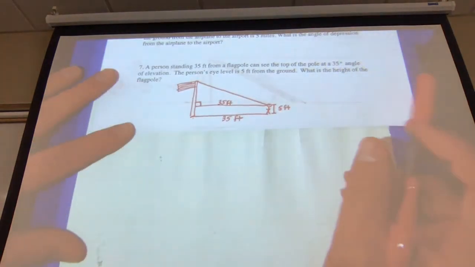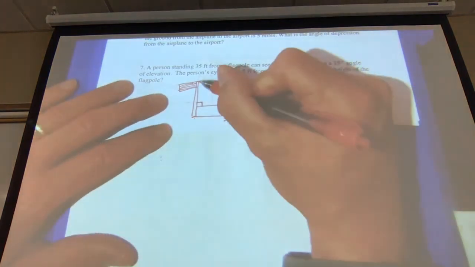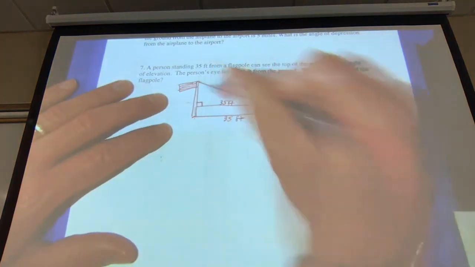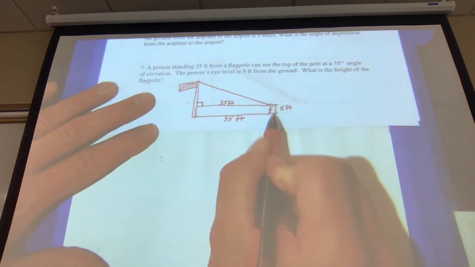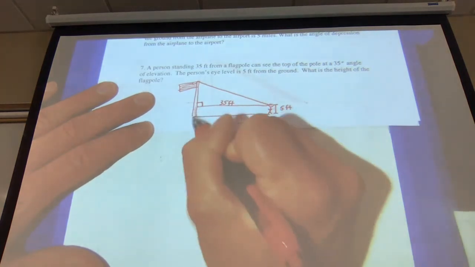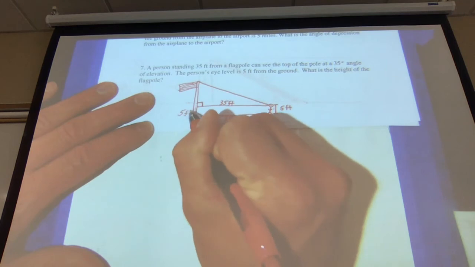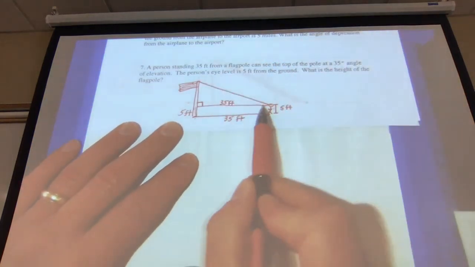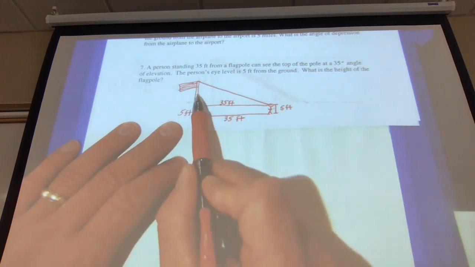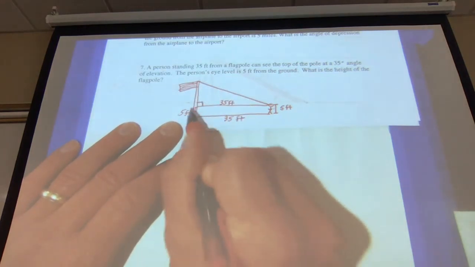And then they want us to find the height of the flagpole. The entire height of the flagpole is this whole length here. Now what we're going to do is carry this across. This distance right here is 5 feet, which is going to make this distance here 5 feet. So our triangle is taking all of the flagpole except for that bottom 5 feet.